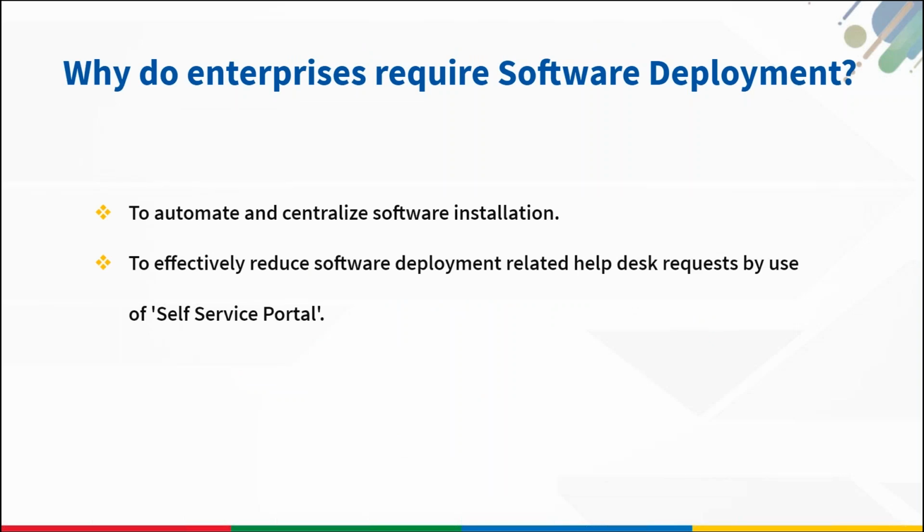You need a centralized and automated solution where you will be able to deploy software applications from one server to all the client machines. You also need it to effectively reduce software deployment-related help desk requests. You can do that by enabling the users to install applications on their own from a portal called the self-service portal. We'll discuss more about this in the upcoming slides.